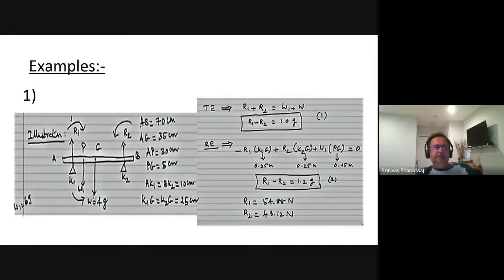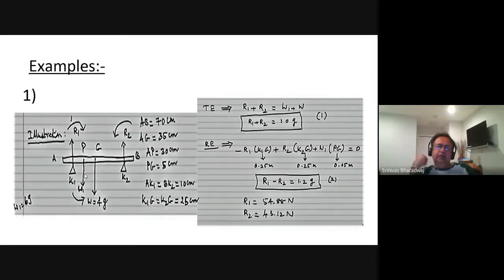And now there is another force P, which is also applied. So he is asking what is the value of each of these terms: what is R1, what is R2?